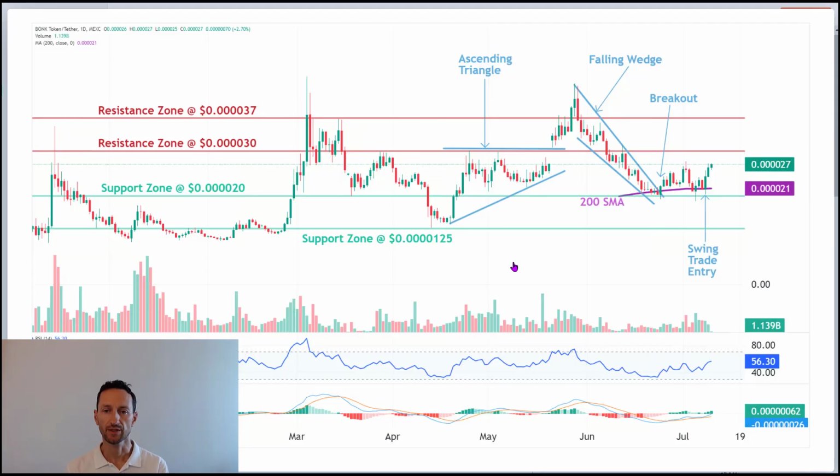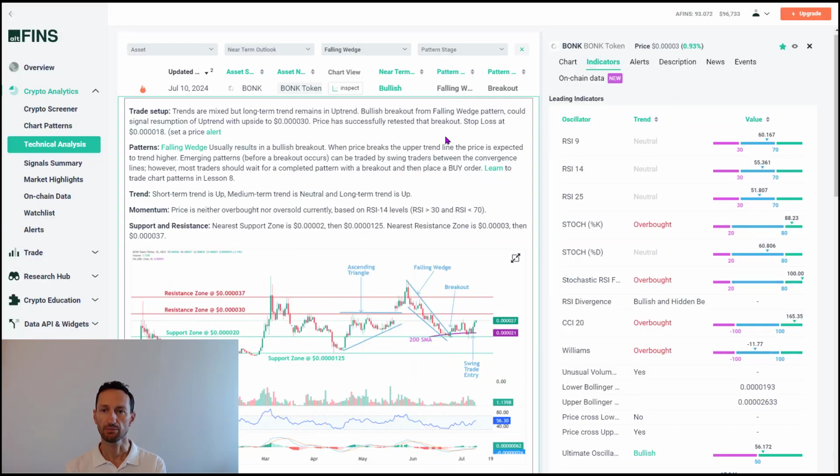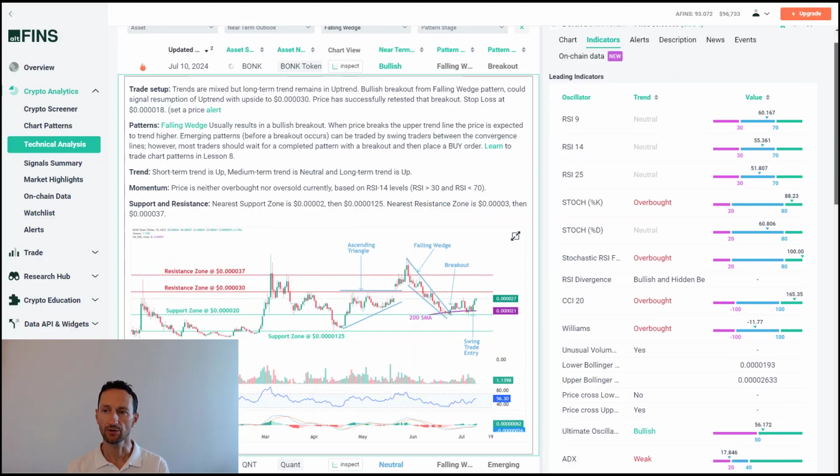We blow up this technical analysis where we identify some support and resistance areas and chart patterns as well. And this was a breakout from a falling wedge a few weeks ago. So this is a breakout that's been retested successfully, and now we're predicting the price to reach the next resistance zone of 40 and 30. Okay, but there's a number of them out there on this list as well.